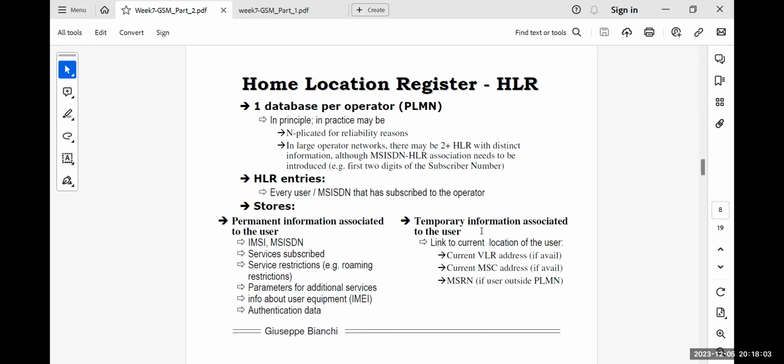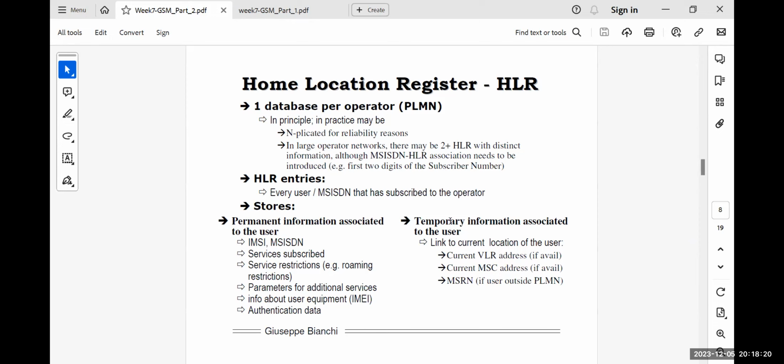The temporary information that is associated with the user is also available in the home location register, that is linked to your current location. Obviously, you move to different places, so the link to your current location is also available in the home location register, and that is temporary.